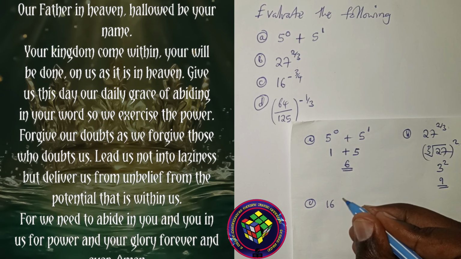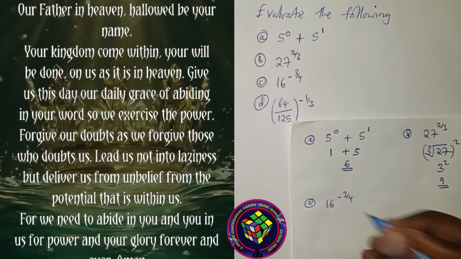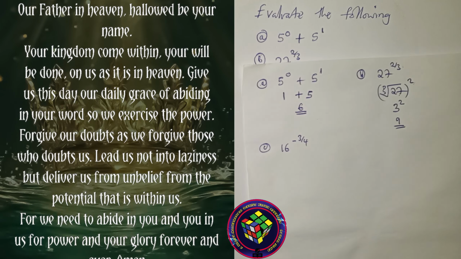C, we have 16 to the power negative 3 over 4. Again, according to the rules of indices, whenever you have a negative power, that negative power should be changed to a positive power. You change a negative power to a positive power by introducing a 1.